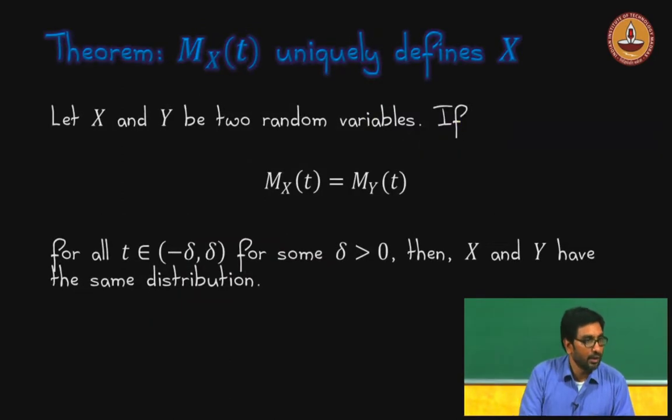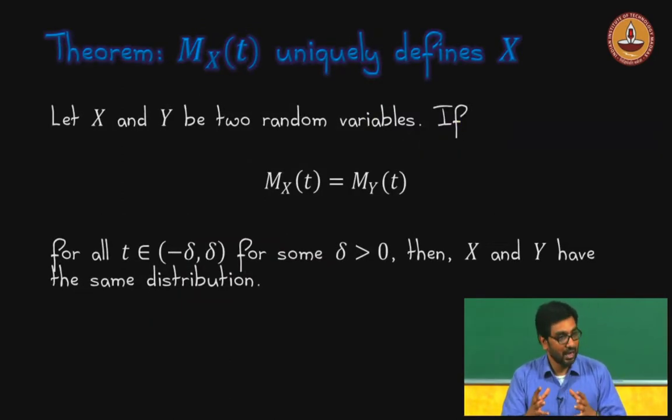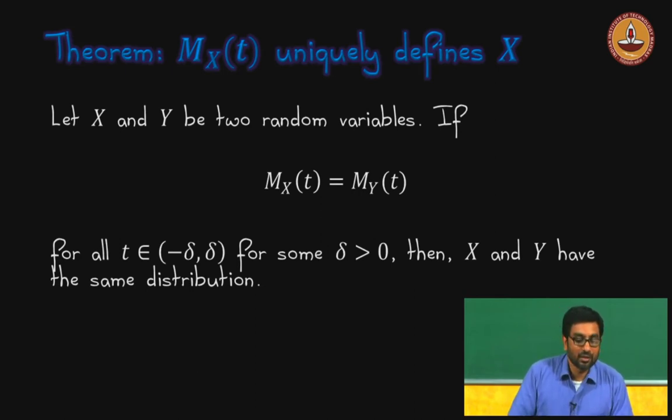The other thing is that not only does it capture all the moments, when it captures all the moments, it fully defines the random variable. We are just going to state the theorem and skip the proof. So, what is the theorem stating? If you have two random variables x and y, and their moment generating functions in the vicinity of 0, that is, when t is between minus delta and delta, are exactly equal, then we are guaranteed that x and y have essentially the same distribution.